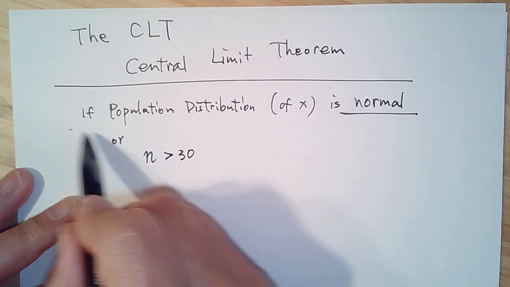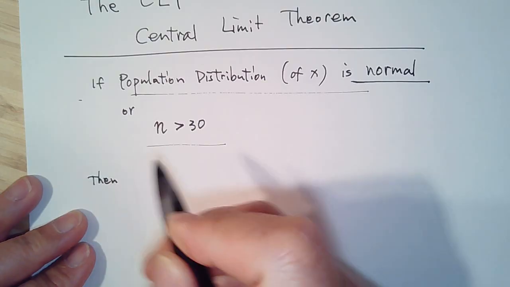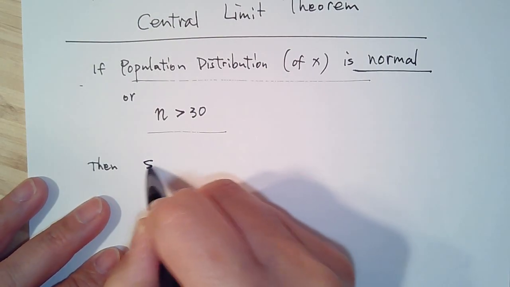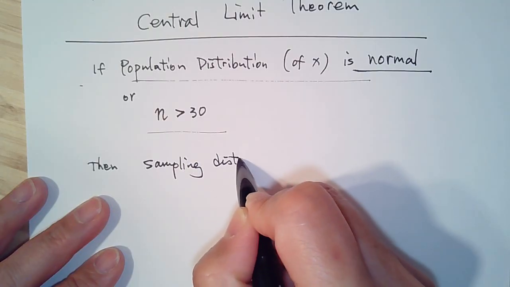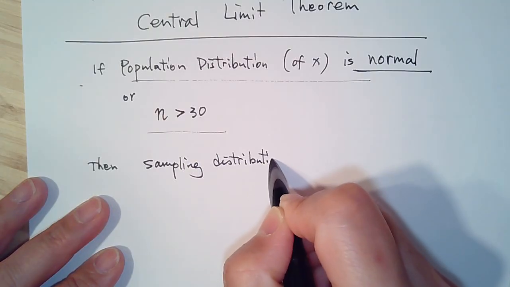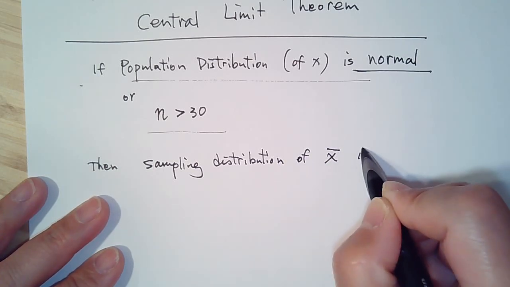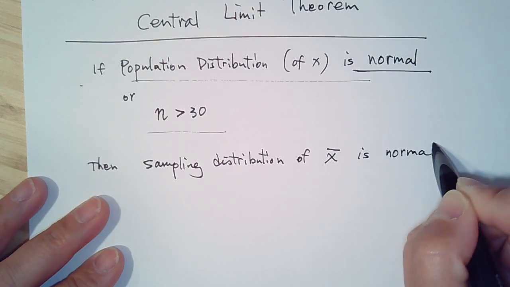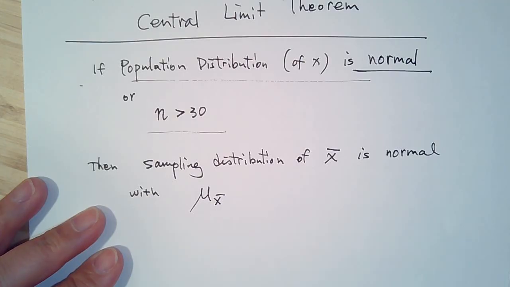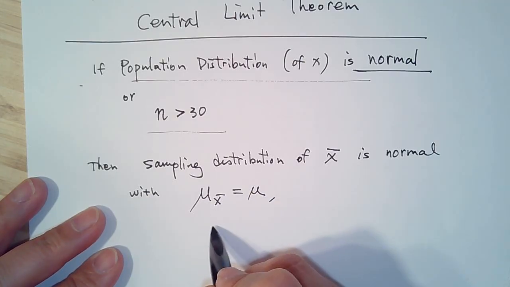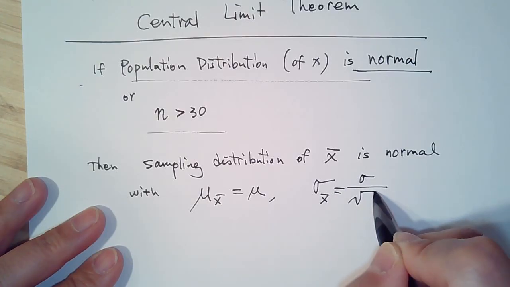So either this or that, then the sampling distribution of x bar is normal with mu of x bar the same as mu. Standard deviation of x bar is the standard deviation over square root of n.